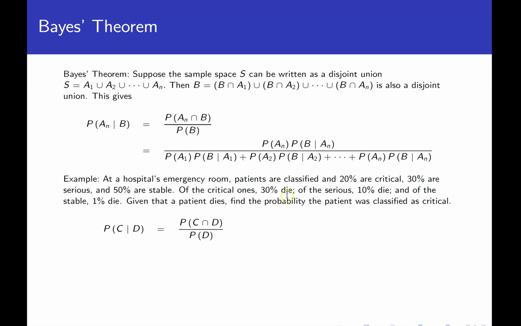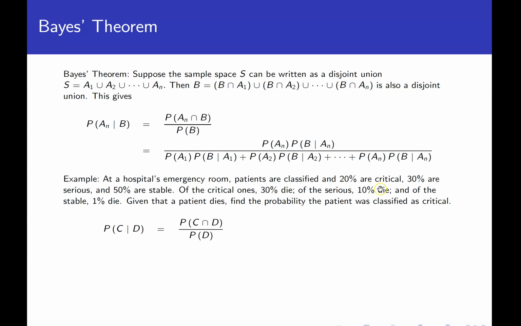So given a patient dies, let's find the probability they started out being critical. Okay, so notice that we have information about dying given critical, but we want critical given dying. It's the wrong direction. So what Bayes' theorem does, it basically flips around our conditional, right? I have information of given critical, what's the probability they die?